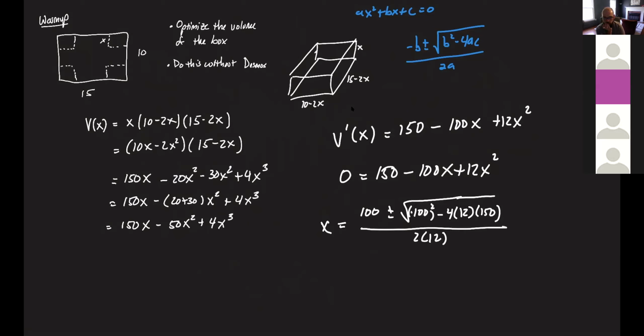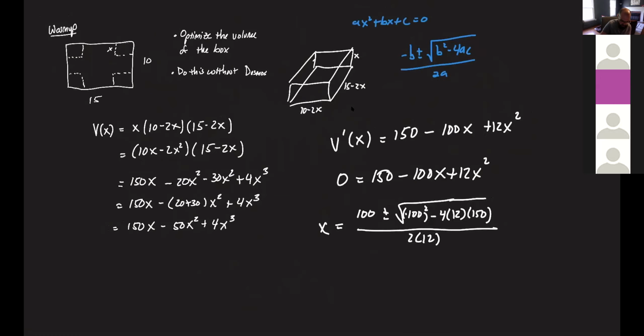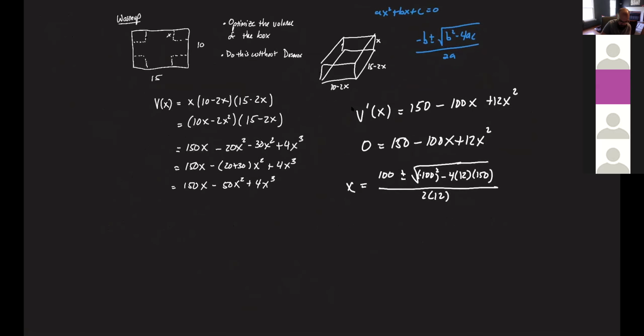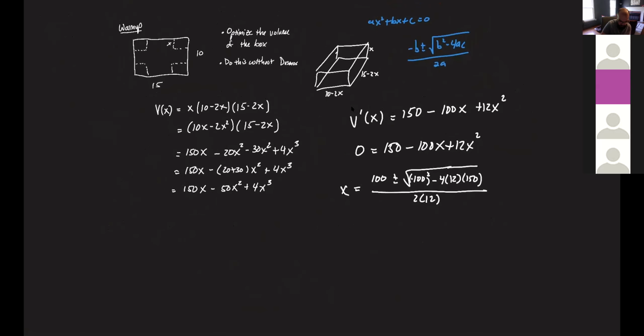At the end of this process, we're going to look at our endpoints. Last time we discussed that we wanted to optimize this on the interval. What could x be? We were on the interval starting at 0.